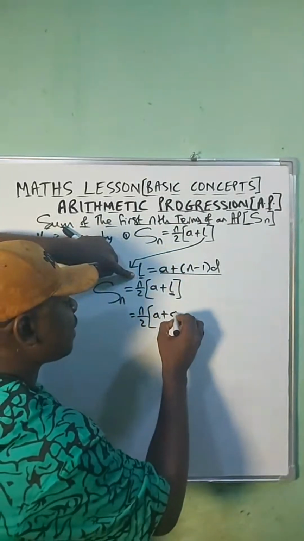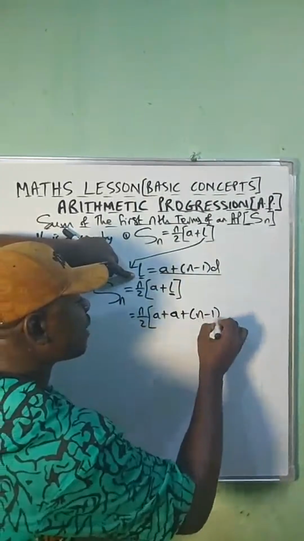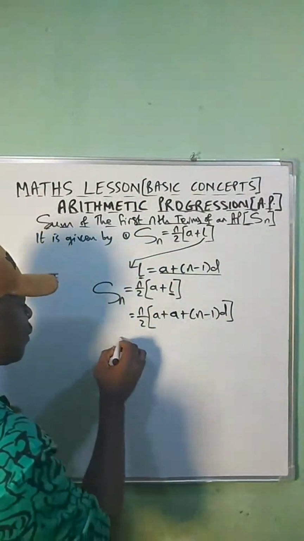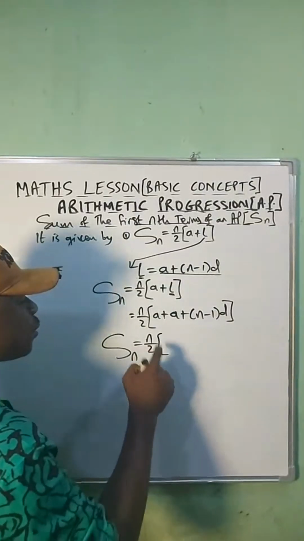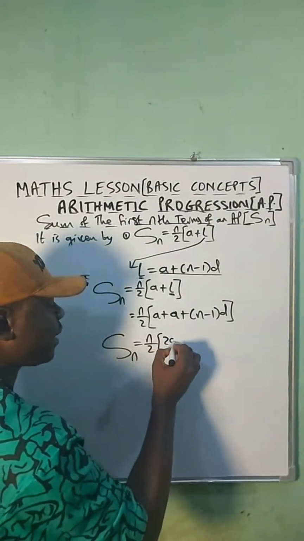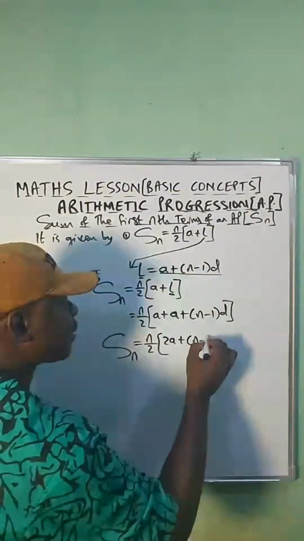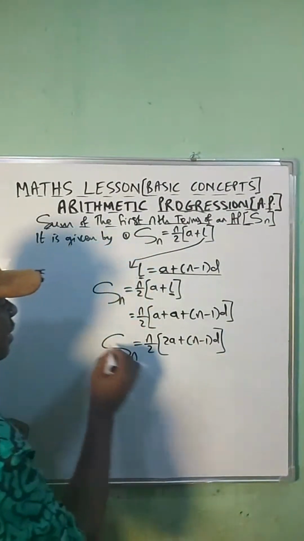So this will be Sn equals n over 2 into A plus A, which is 2A, plus bracket n minus 1 D. So this is the formula.